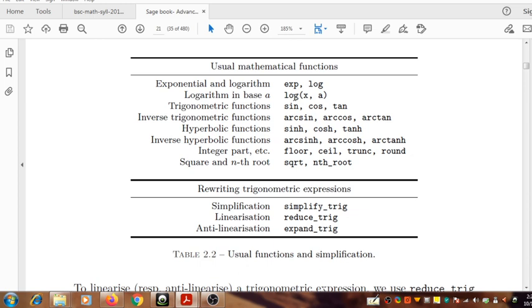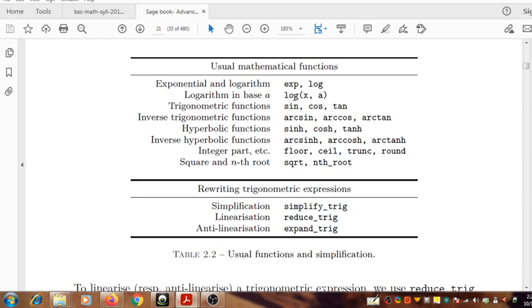The trigonometric functions are very popular, frequently used by mathematics students. They are sin, cos, and tan, etc. And those functions should be written as they are shown here. Then the inverse trigonometric functions are arcsin, arccos, and arctan.